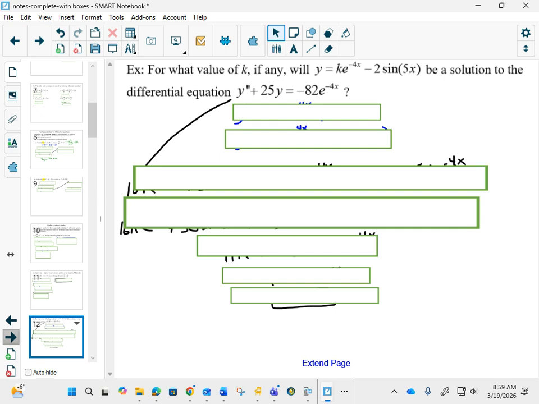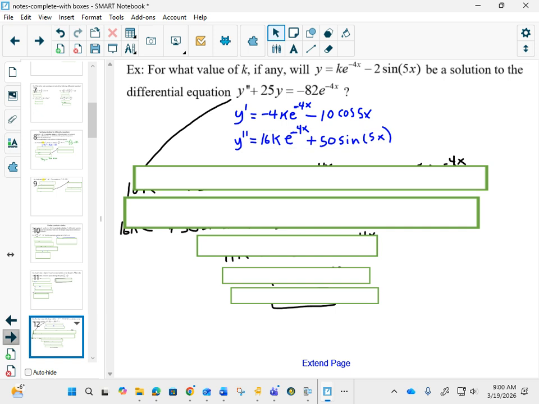So we're going to take this particular solution and find its derivative. And then we're going to take that derivative, because our differential equation has y double prime, and find our second derivative.